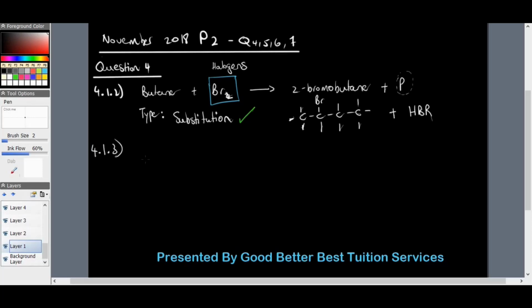HBr. Hence, the inorganic compound is HBr. I think the first way of writing it is the correct way, so I'm going to take the second one away. HBr, hydrogen bromide.